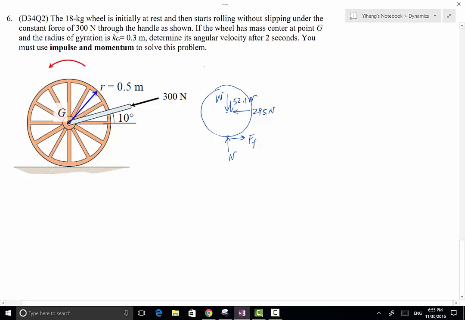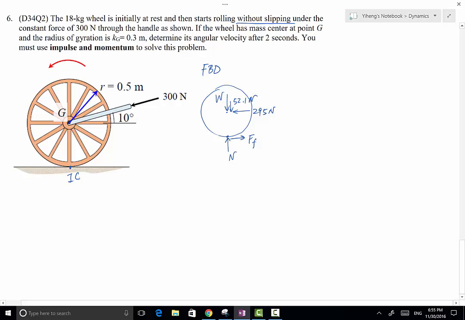So we have completed the free body diagram of this wheel. Another important piece of information is that this wheel is rolling without slipping. Therefore, this point right here is the IC, the instantaneous center of zero velocity.